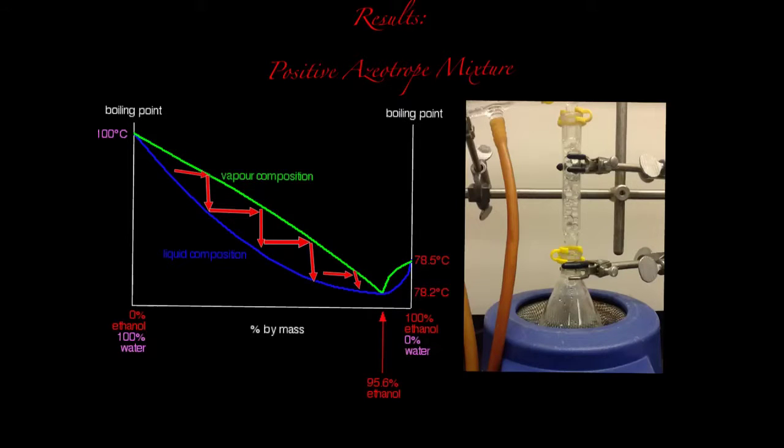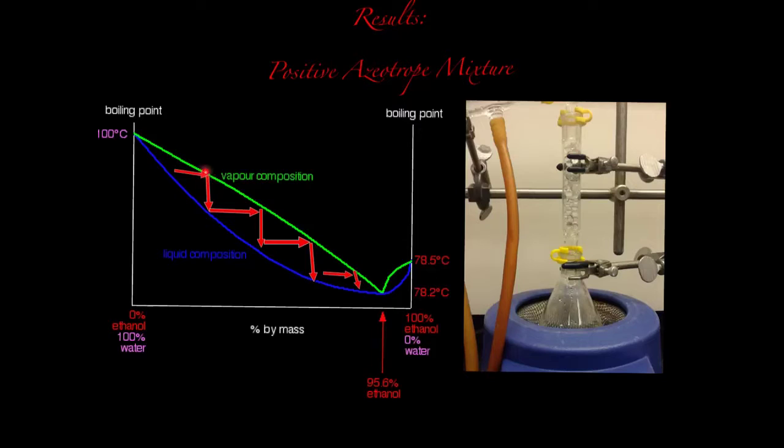So when using our fractional distillation apparatus, there is a mechanism happening, which is a repeated distillation inside the fractional column. What we can see here is that when we're at this point right here, we have our liquid composition, and it evaporates into a vapor composition.